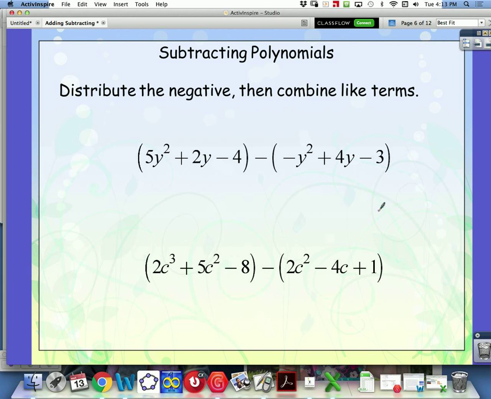When we're subtracting, the one difference is we're not just going to line them up. Before we do that, we're actually going to change this to a plus sign.